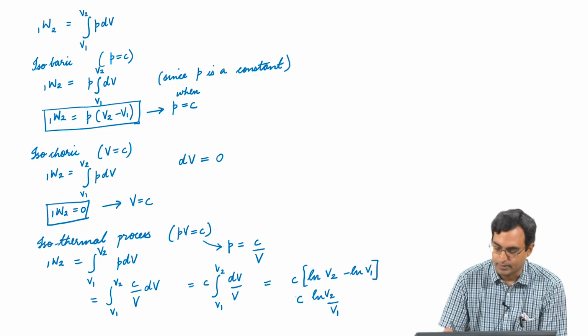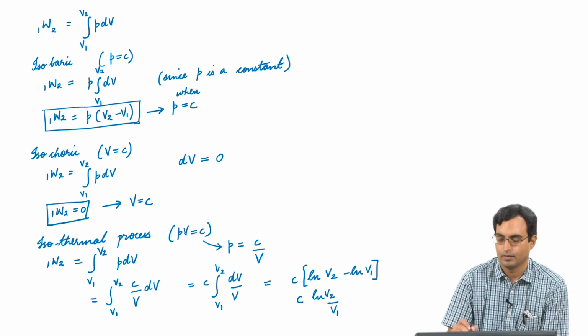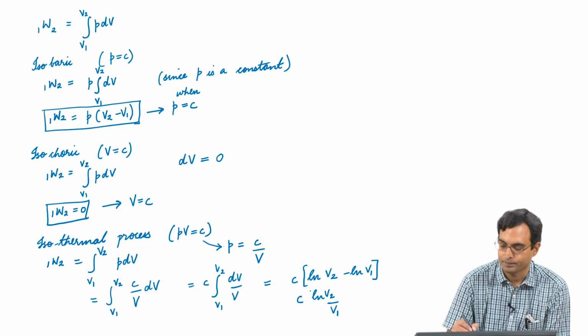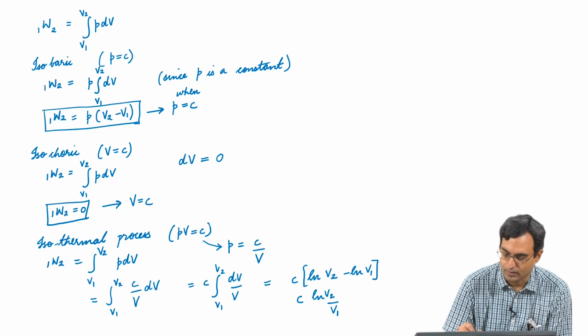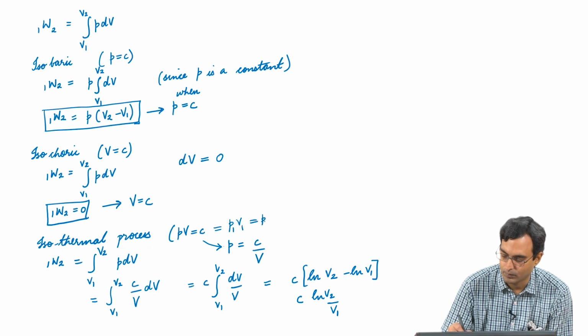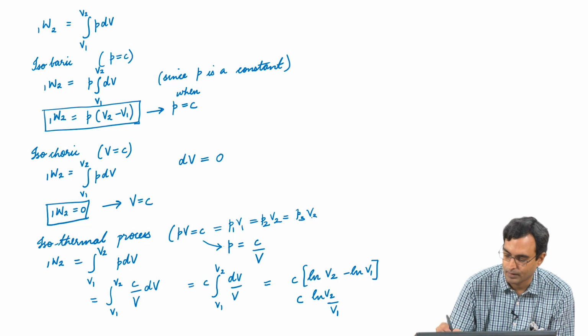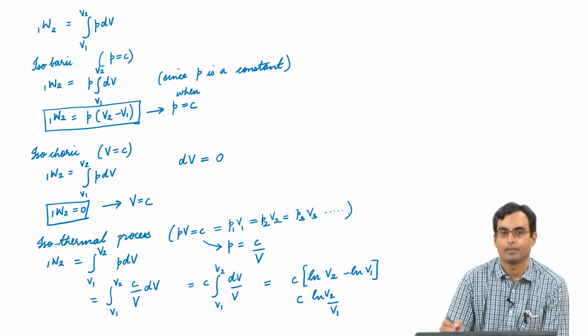where C is a constant, but this constant from here is PV. So, I can put it as PV here, but PV being a constant means that P1 V1 will also be equal to P2 V2, will also be equal to some P3 V3 and so on, because all of them are constant.